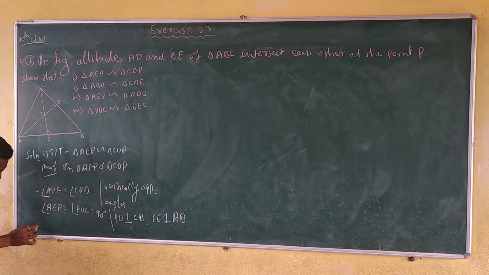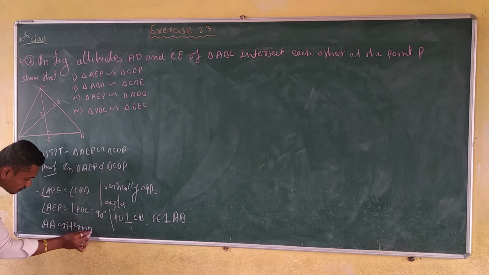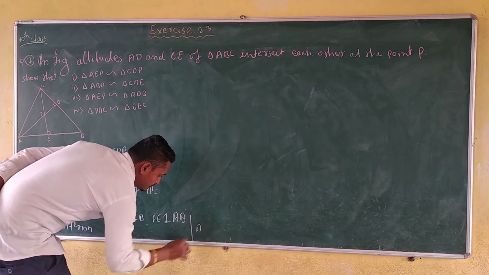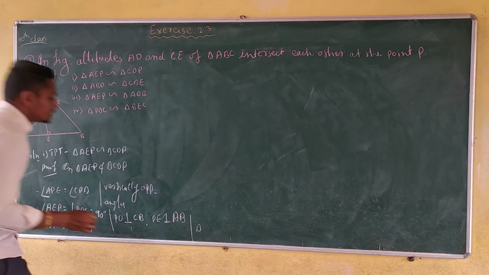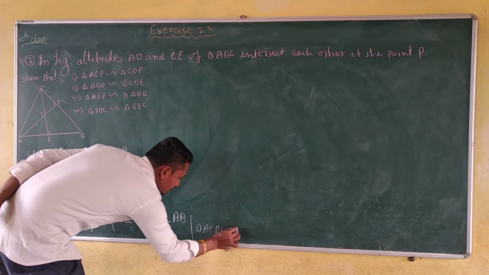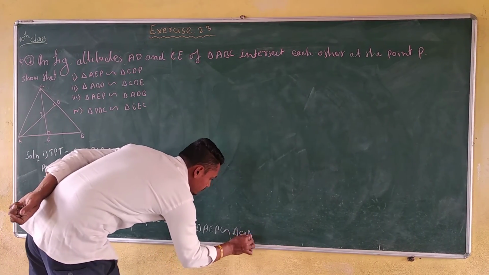So therefore by the AA criteria we can say that the triangle AEP is similar to triangle CDP.